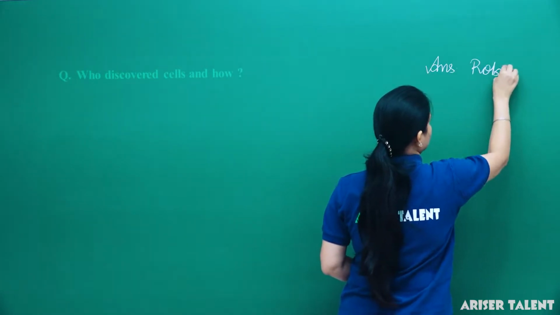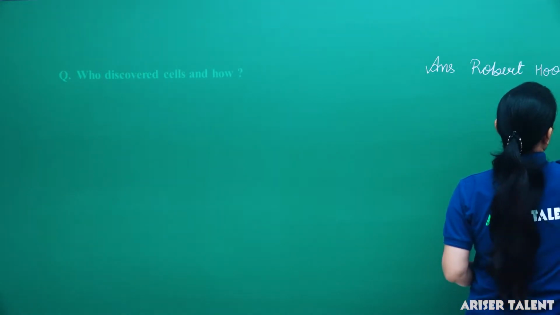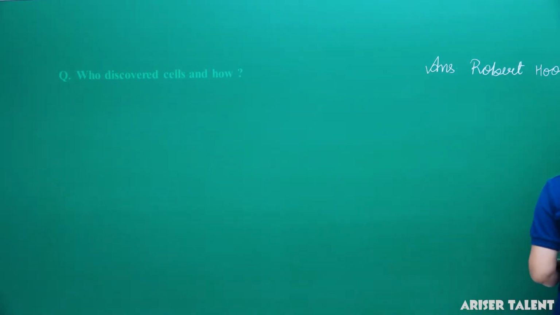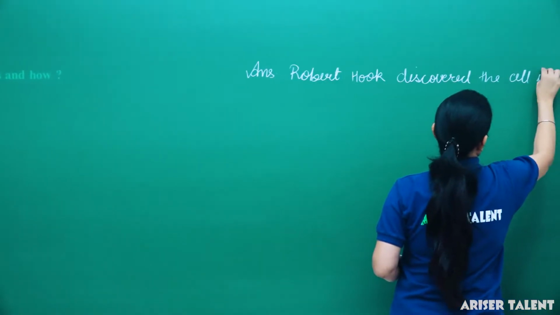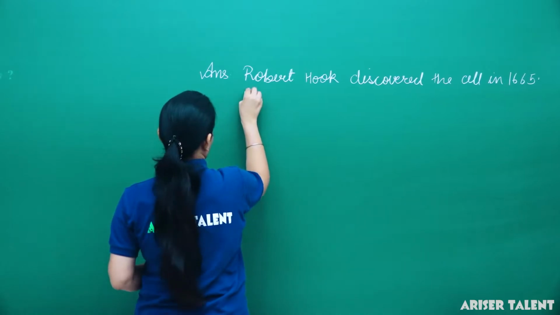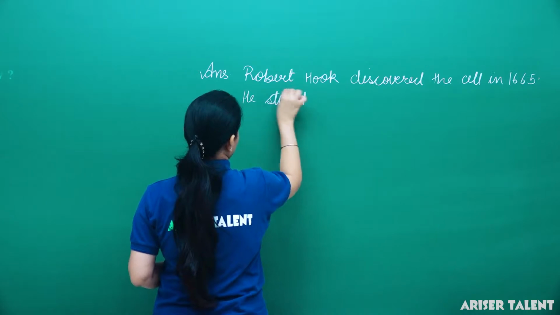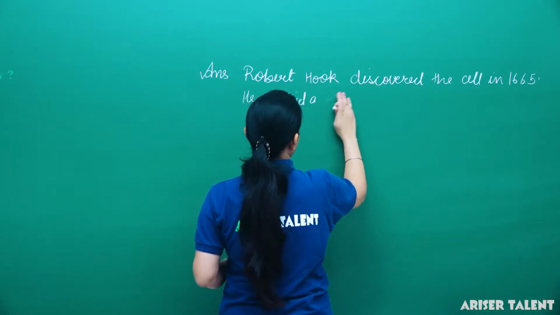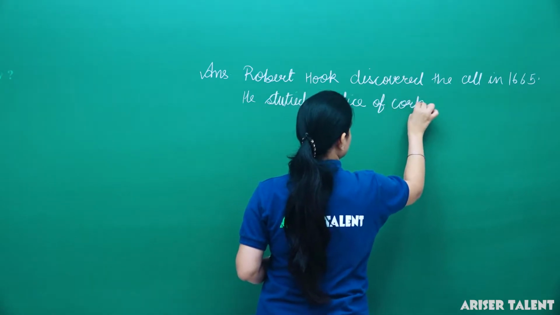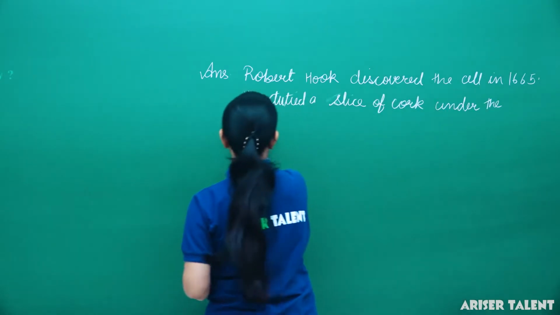Robert Hooke discovered the cell in 1665. Okay. He studied a slice of cork under the primitive microscope.